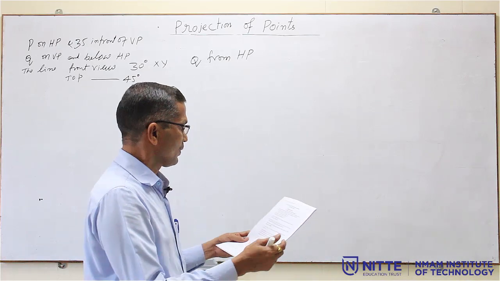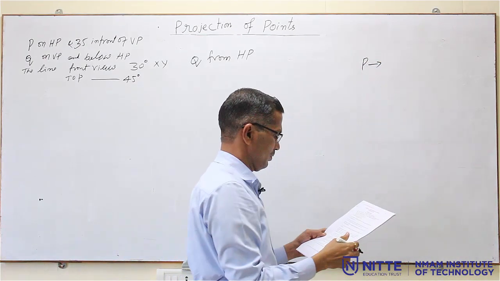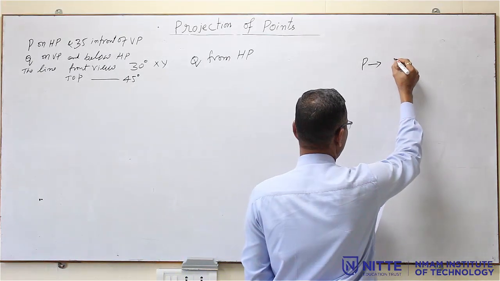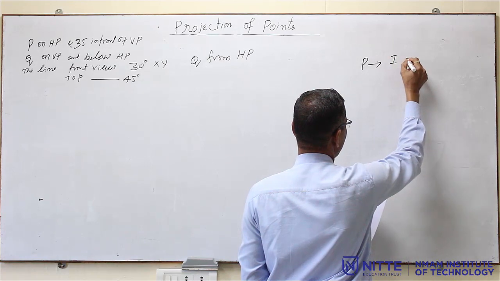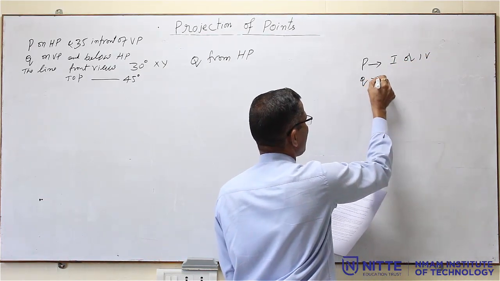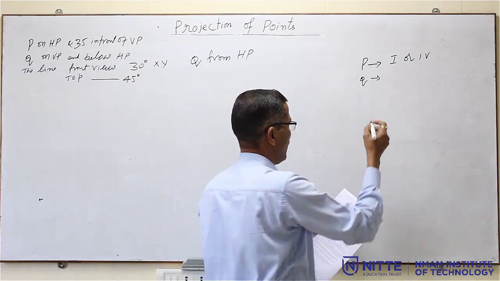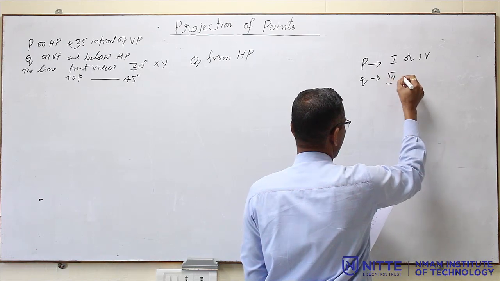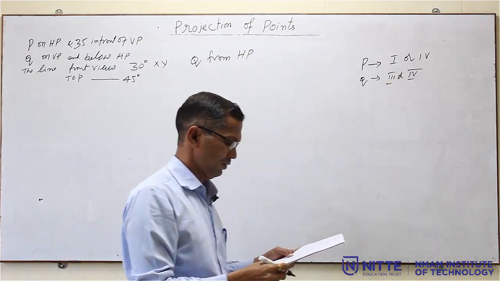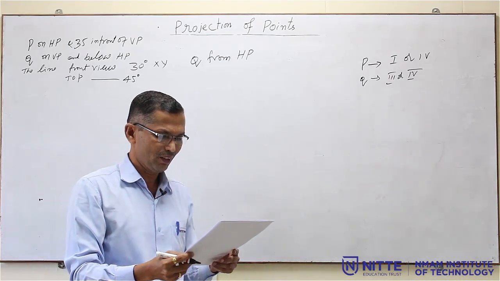So, point P is on HP in front of VP, so either first quadrant or fourth quadrant. Similarly, point Q is below HP, so it may be third quadrant or fourth quadrant. And they have given the conditions.